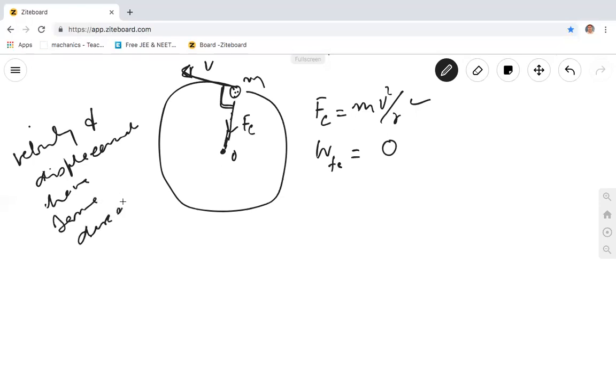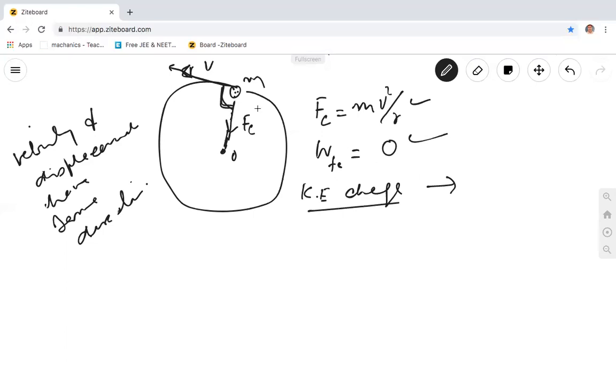What is the angle between force and velocity here? 90. What is the angle between force and displacement? 90, because velocity and displacement have the same direction. So work done is 0. That's it. And will the kinetic energy of this object change? 1/2 mv squared.